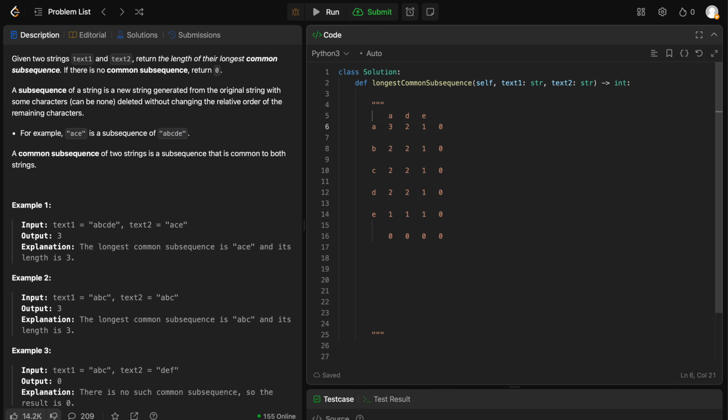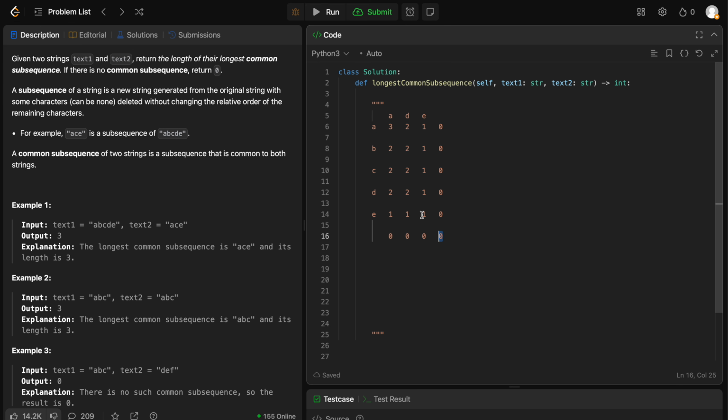Maybe it's a bit hard to follow, but essentially what we do, if it's the same, we consider what's diagonally and we just add 1. So whatever was here, meaning we skipped those letters because they match, and add 1 to it because we have a match.